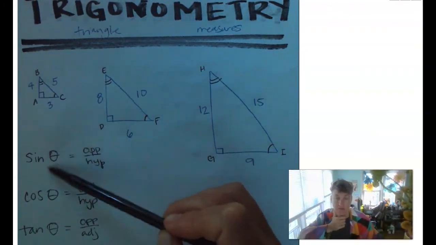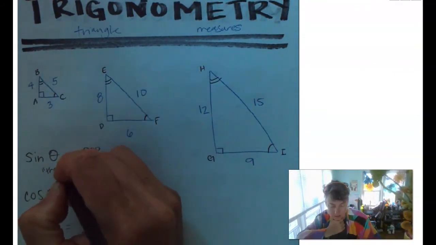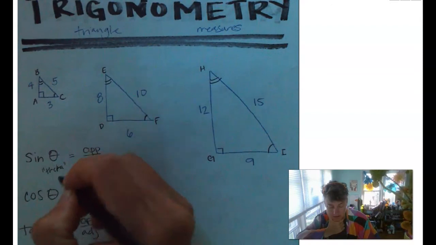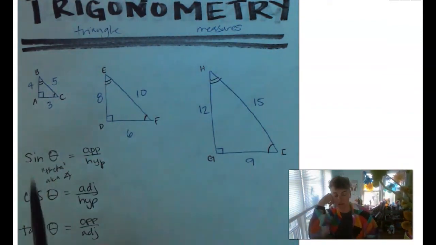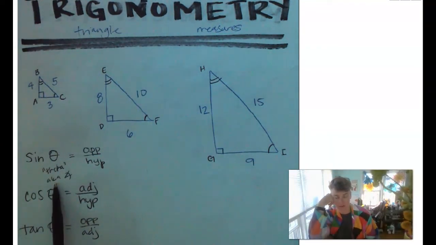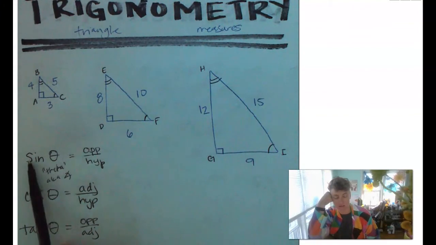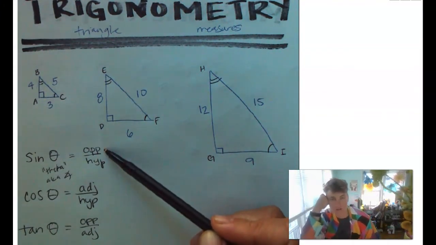The symbol is theta, which means the angle measure, theta, aka angle. When we look at some angle as a frame of reference, the sine of that angle is the ratio of the opposite side to that angle to the hypotenuse.